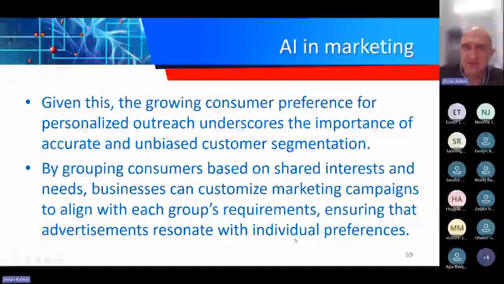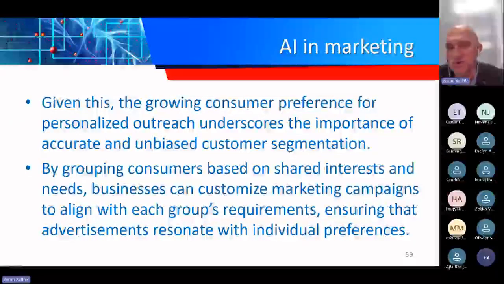So it's very important to have accurate and unbiased customer segmentation. This segmentation or division into groups should be based on data and not on something that is biased by humans. If we are grouping, maybe we have something in mind that is not true, and we are probably making bad segments or bad groups.